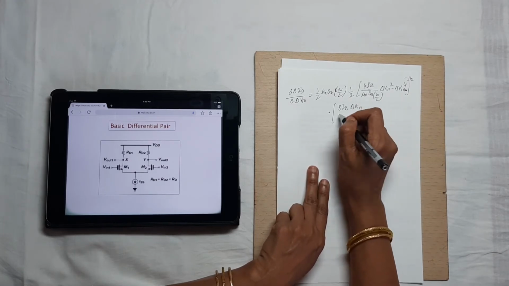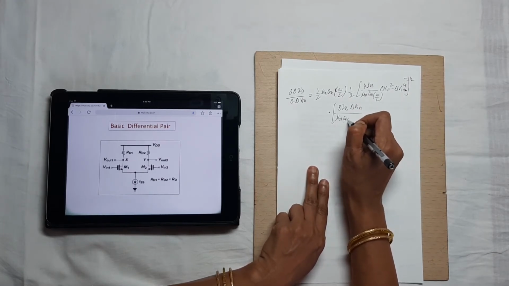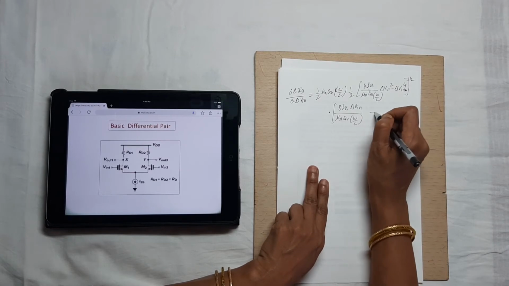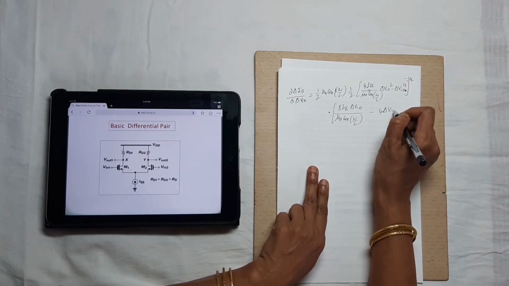It is just a simple differentiation, minus 4 times delta Vin cube.